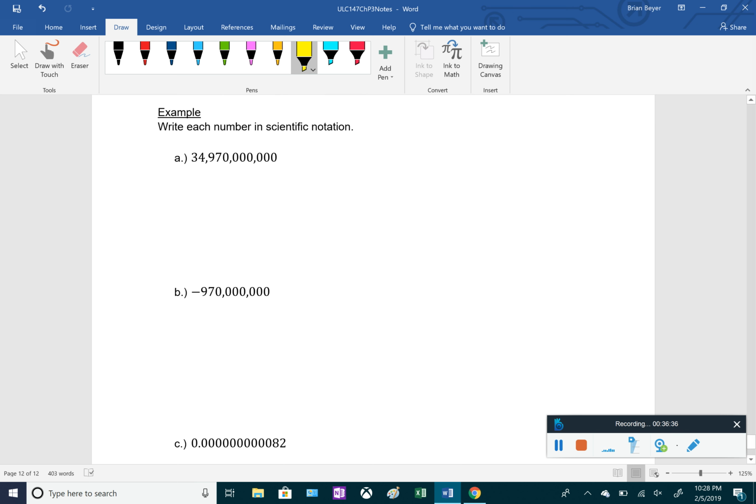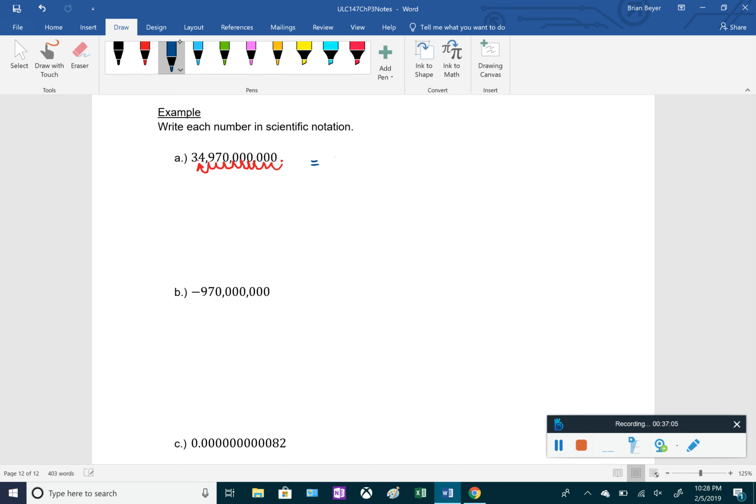So we have 34 billion 970 million. What we're going to do is understand that the decimal point is at the end, and we're going to move it over and count as we go until we get a number with absolute value between 1 and 10. So we get 3.497.